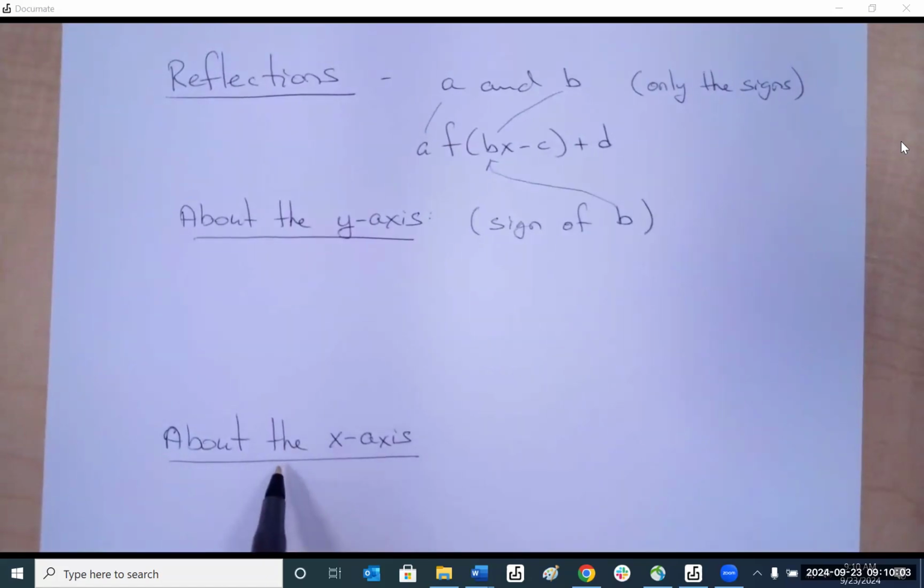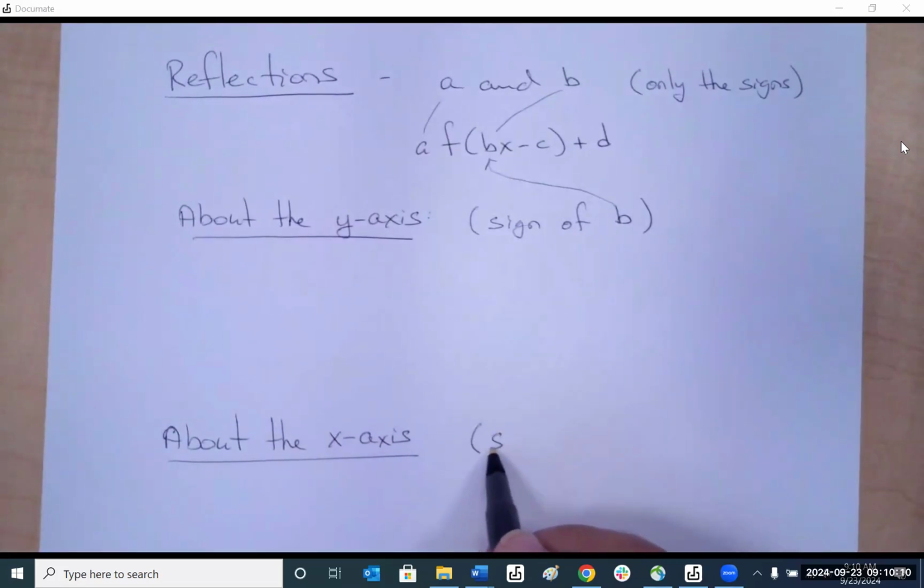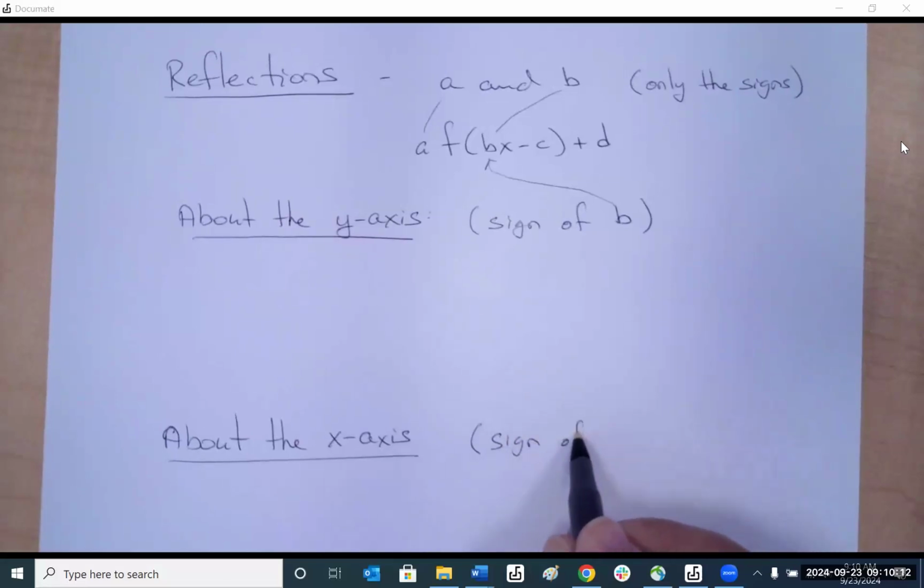If it's a reflection across the x-axis, then it's a sign of the a value.